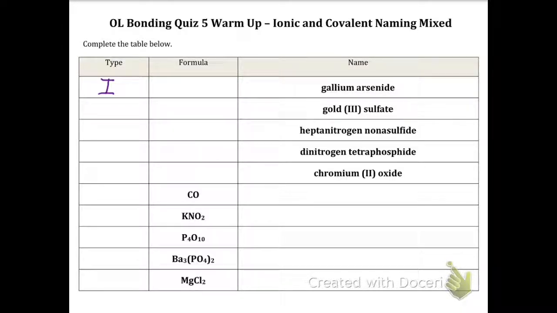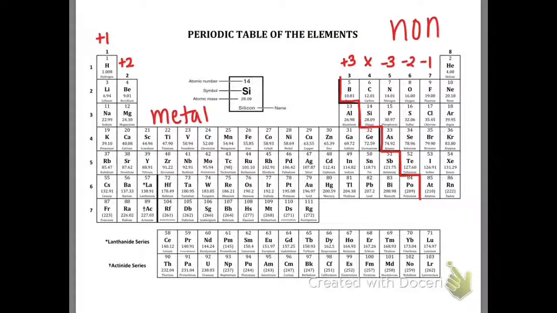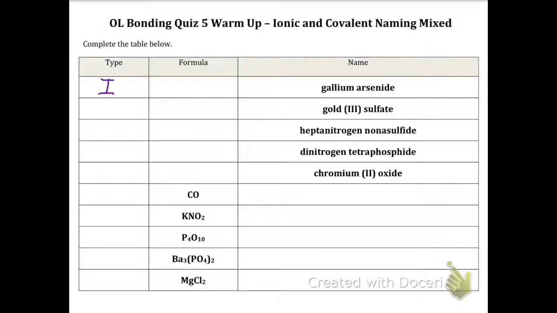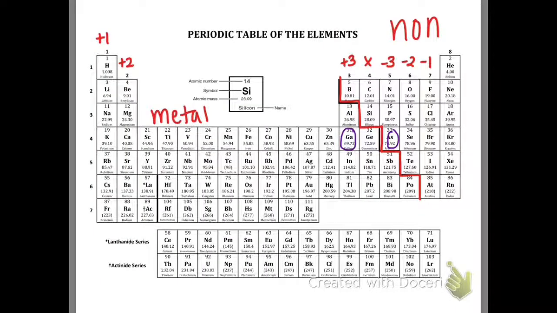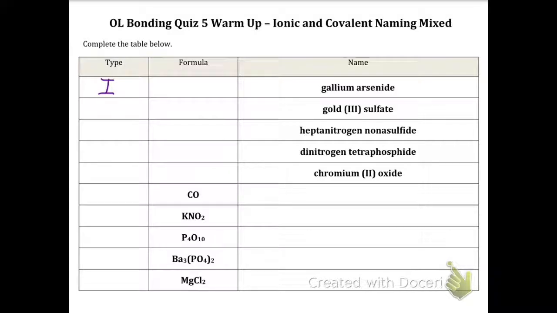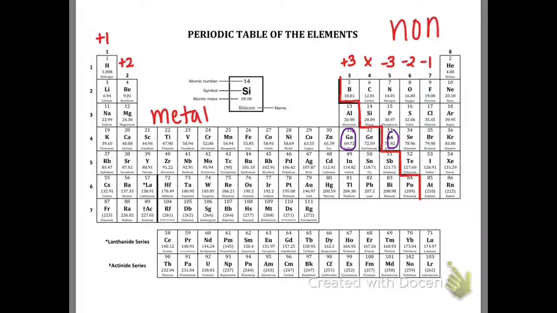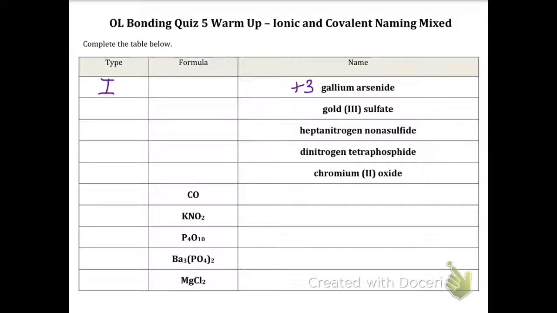We also can double check by checking gallium. Gallium is over here. That's a metal. Arsenic is here, which is a nonmetal, which tells us that it's an ionic compound. Now, when we're going from a name to a formula in an ionic compound, we have to think about charges. So gallium has a +3 charge, so I'm going to write +3 here. And arsenide or arsenic has a -3 charge, so I'm going to write -3 here.